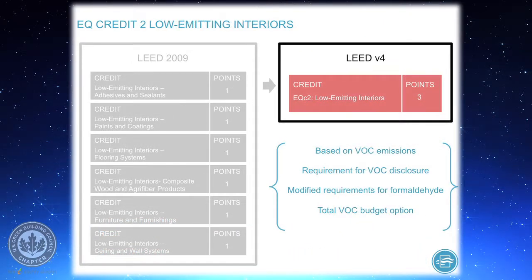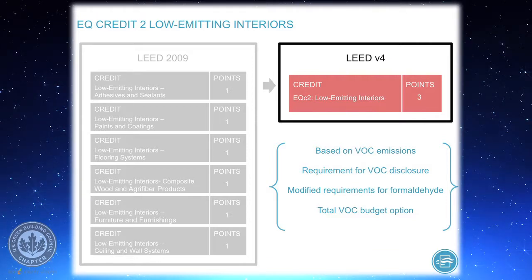The low emitting materials credit is a consolidation of several credits that you're all familiar with from 2009. We used to give a point for low VOC paint, a point for low VOC furniture and furnishings, flooring, ceiling tiles.